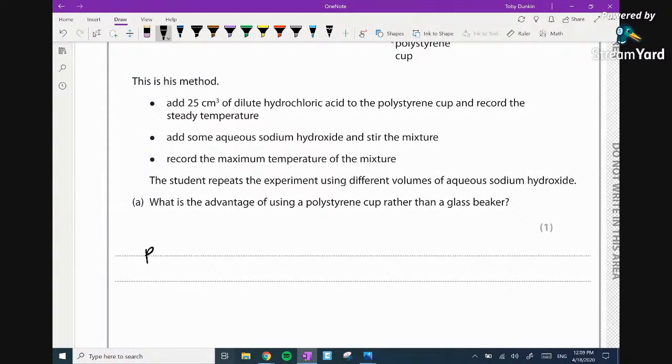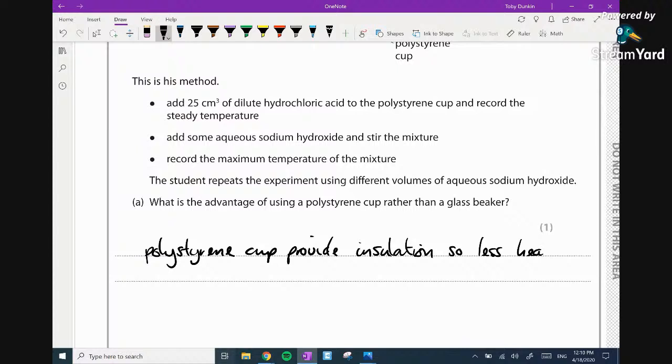Polystyrene cup gives better insulation. Polystyrene cup provides insulation. So less heat lost to surroundings.